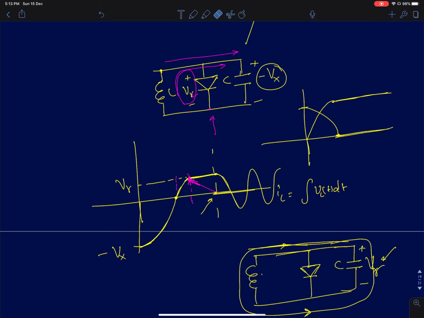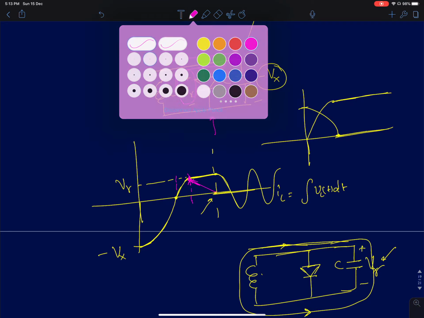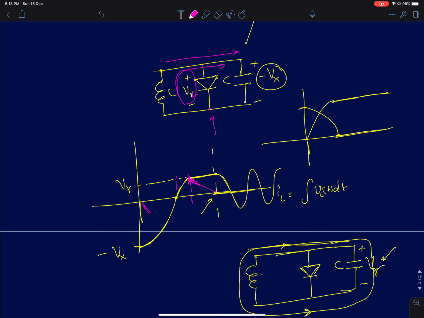In reality, the current would be in this direction. It would have reached a peak value at this point and then reduce. From this point onwards, it will linearly reduce and start rising again. They both will continue forever like this.